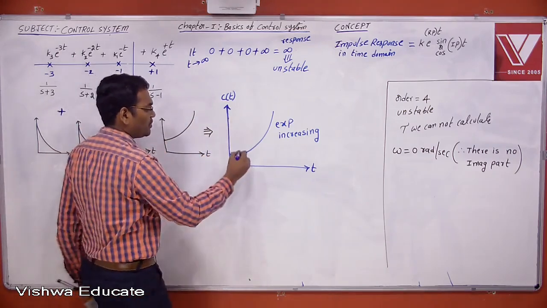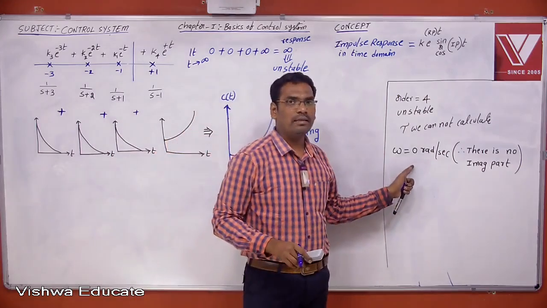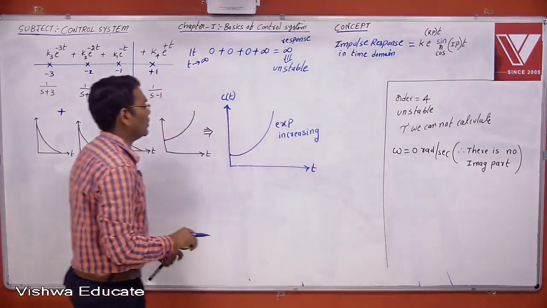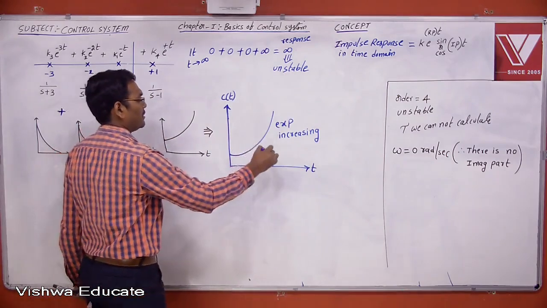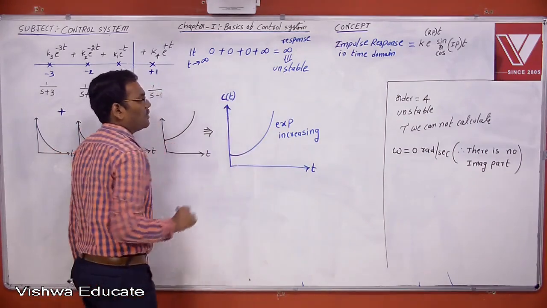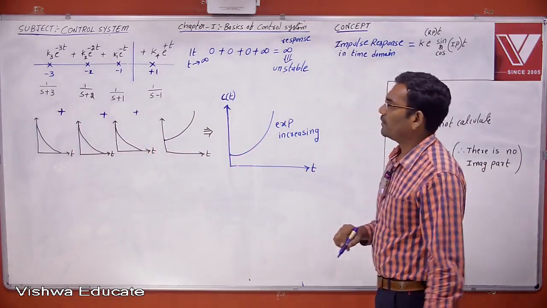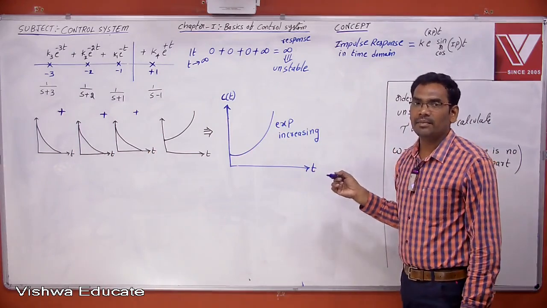And here it is also observed there is no frequency of oscillation. There is no frequency of oscillations present in the response. This is the overall closed loop control system response for this particular problem. That's what we can understand from this particular problem.